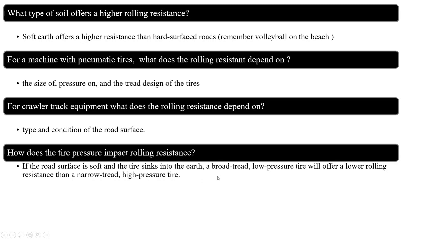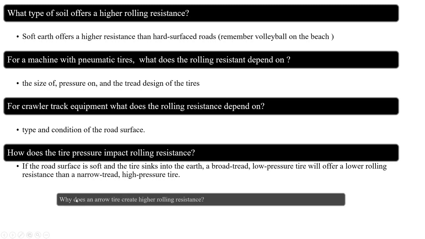It means the broader the tread design and the lower the pressure of the tires, the less power you will need to overcome the rolling resistance. And obviously, the narrower the treads and the higher the tire pressure, the more power you will require to overcome the rolling resistance.